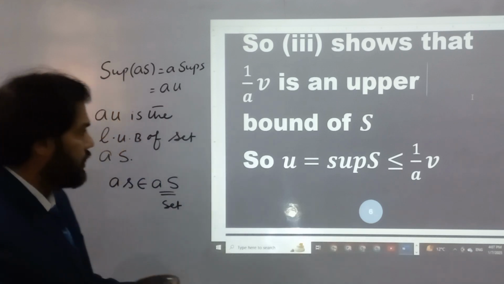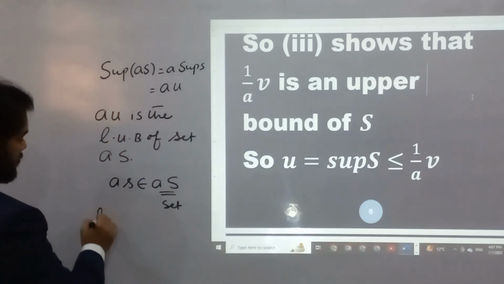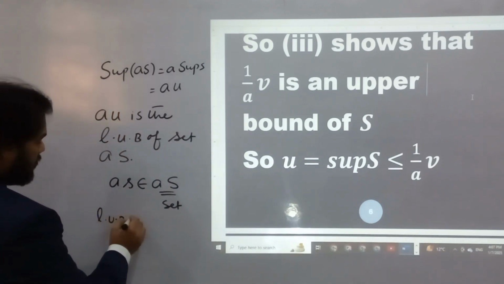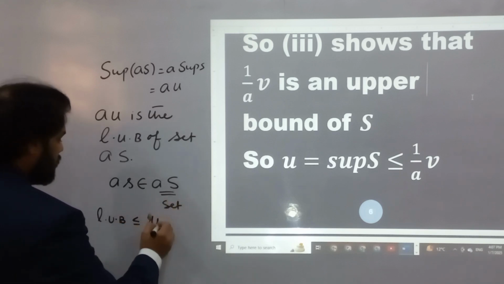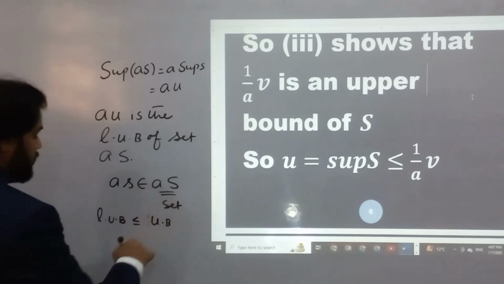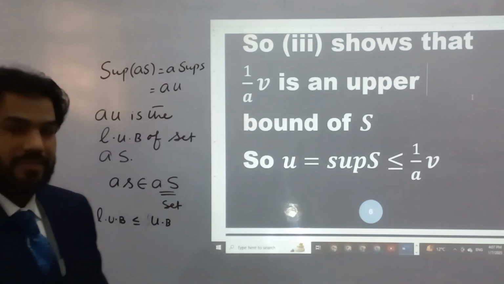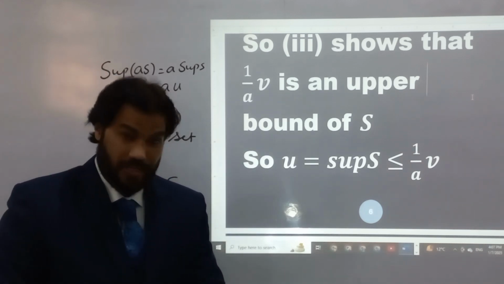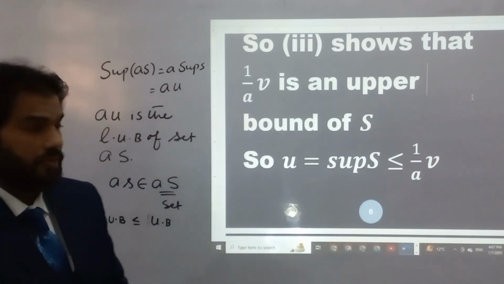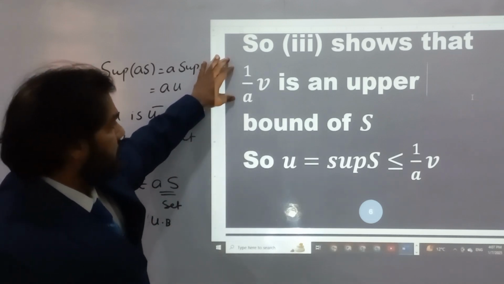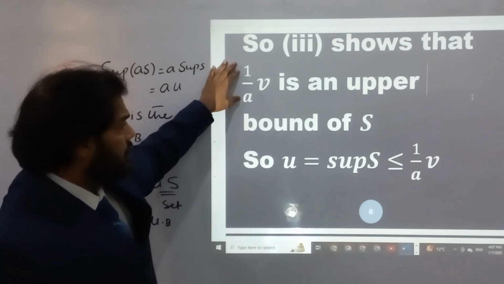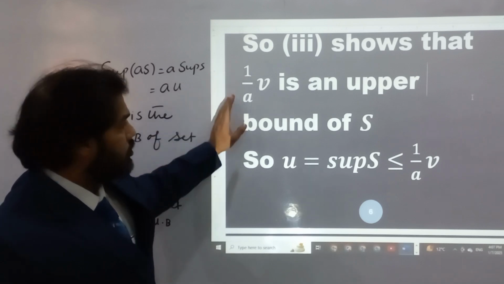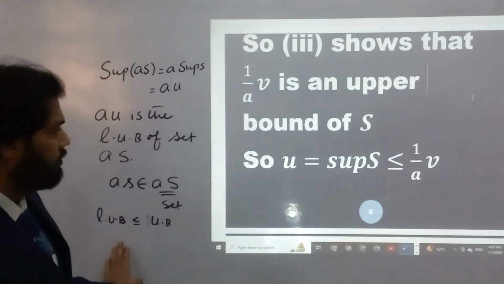We know that the least upper bound of a set is always less than or equal to any upper bound of the set. So what is the least upper bound here? Here 1 over AV is an upper bound, so this is greater than or equal to the supremum.